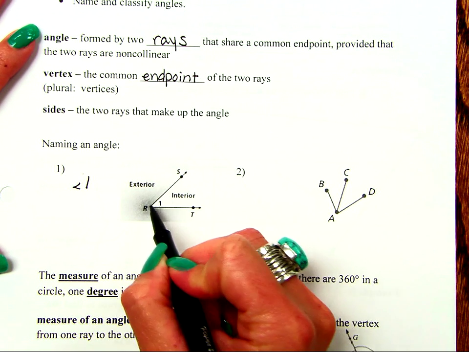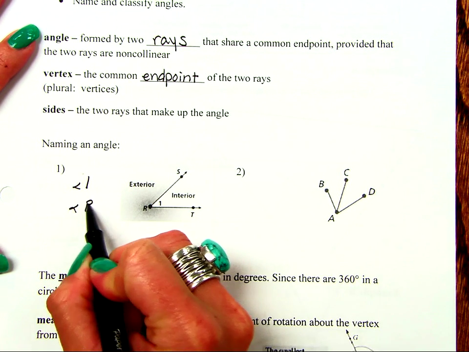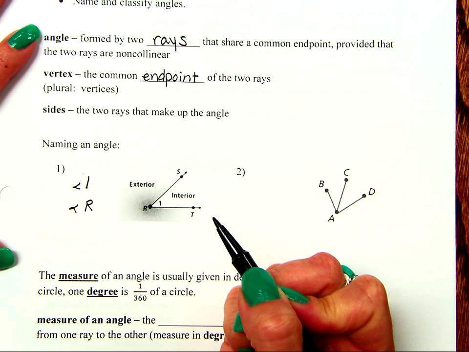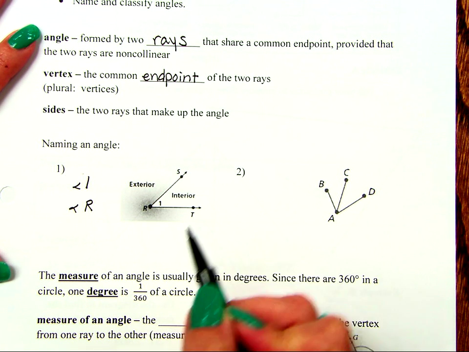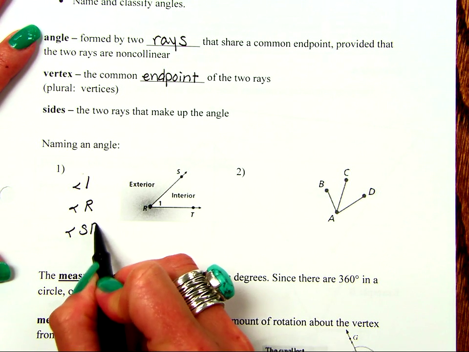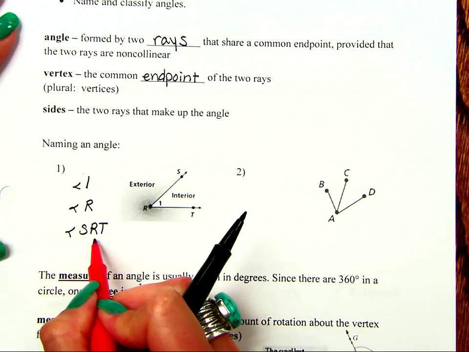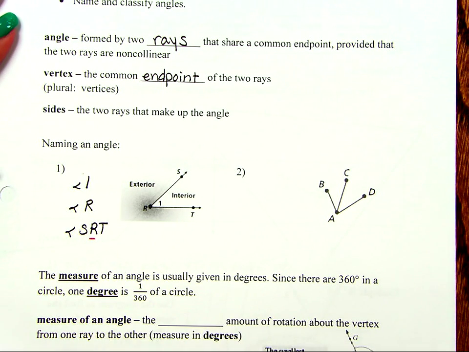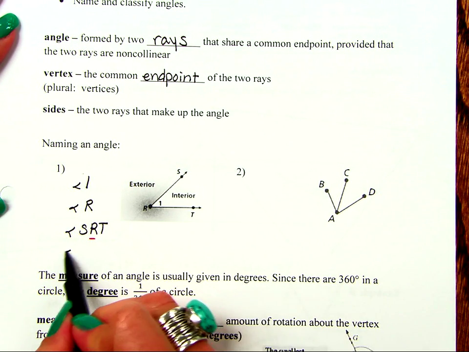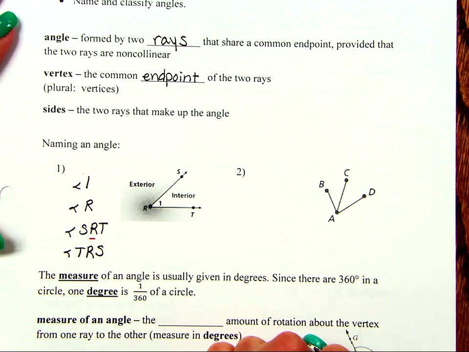I could also name it according to the vertex, so I could also call it angle R. Lastly, I could use the sides or the rays of the angle, the 3 points. I could call it angle SRT, but I just have to make sure that the middle letter is always the vertex. I could also call it angle TRS, but again, R is the middle.